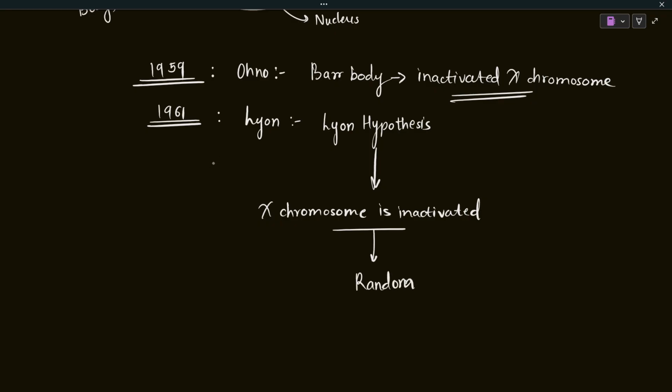So she was the researcher who proposed random X chromosome inactivation. This is nowadays known as Lyon's law.